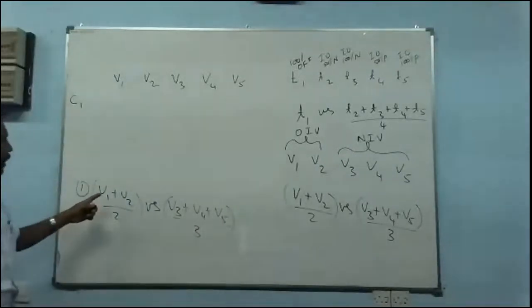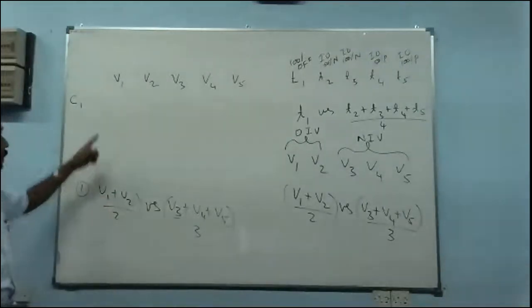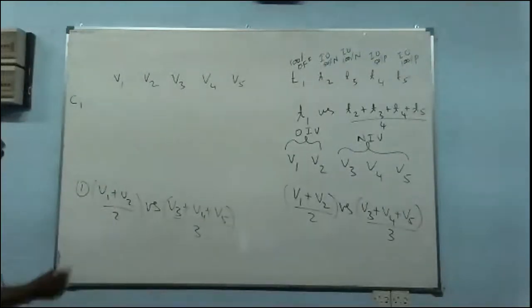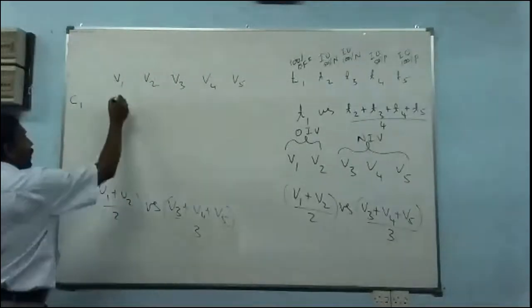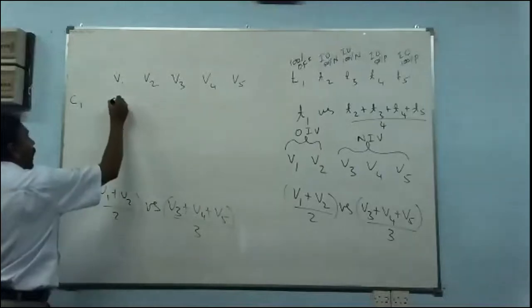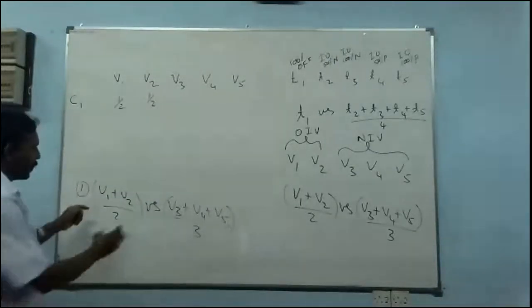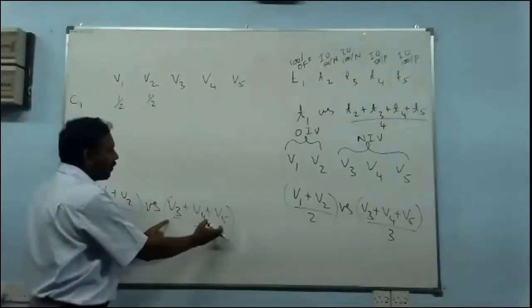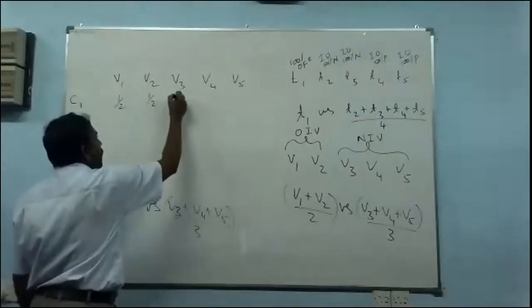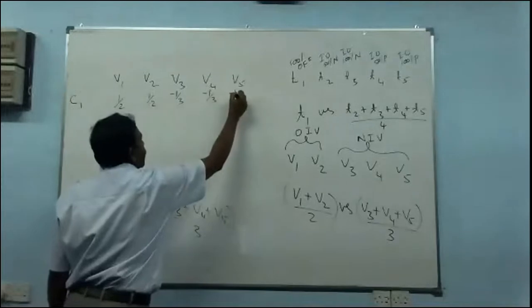I want to compare new improved varieties with old improved varieties. So how can I give the coefficient? Suppose, let's say, I have the coefficient here for V1, half, here again half. So this is the positive value. Here they should have negative value as a coefficient, minus 1 over 3, minus 1 over 3, minus 1 over 3.